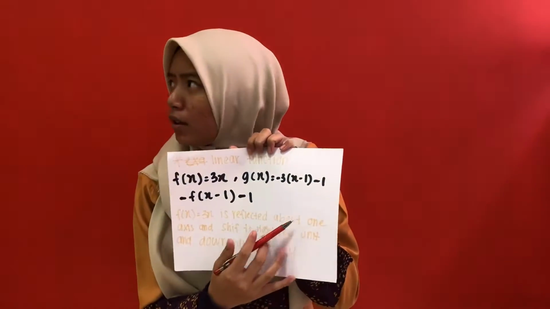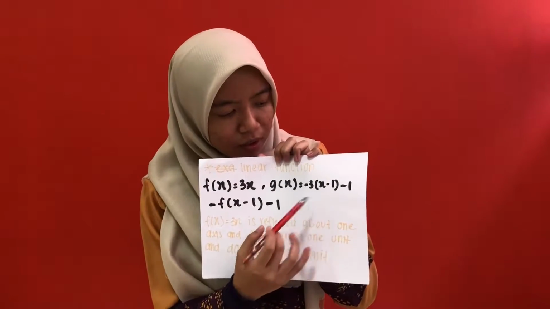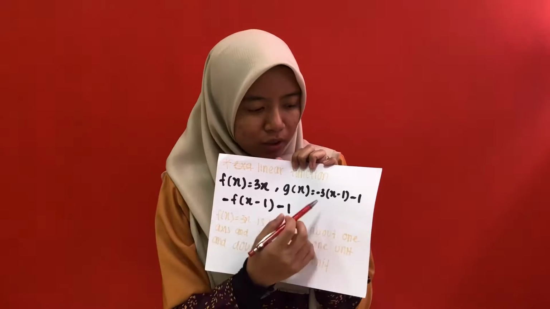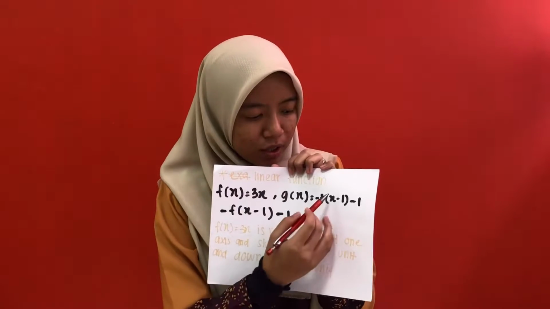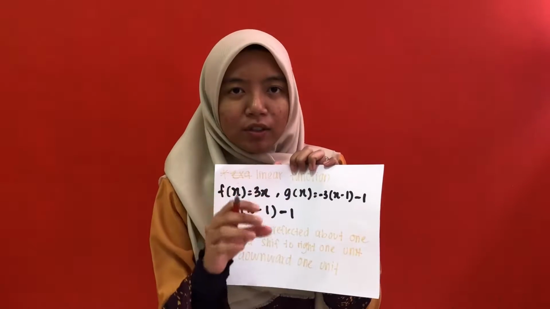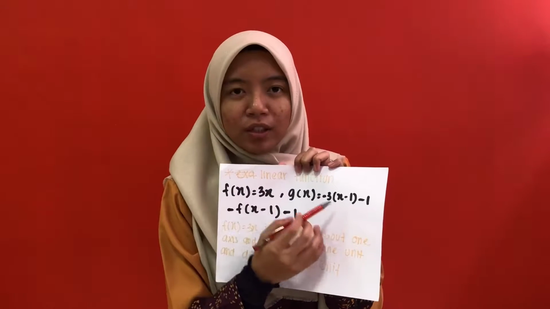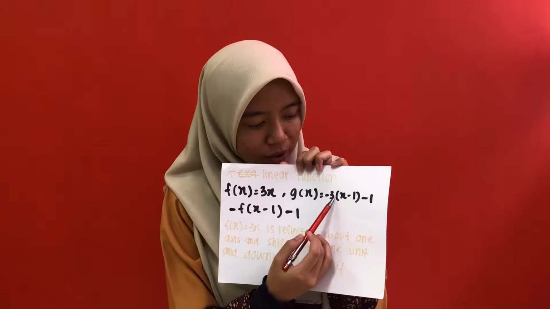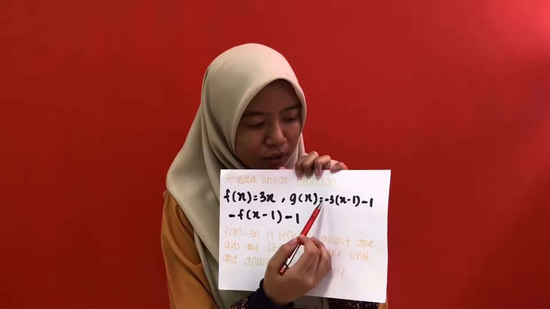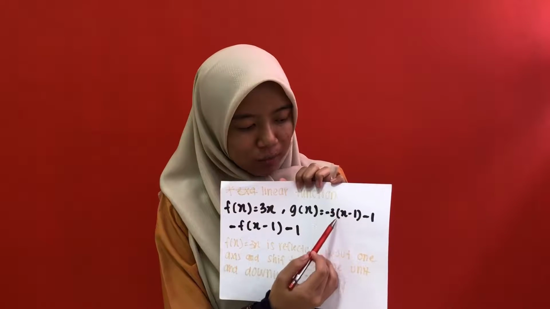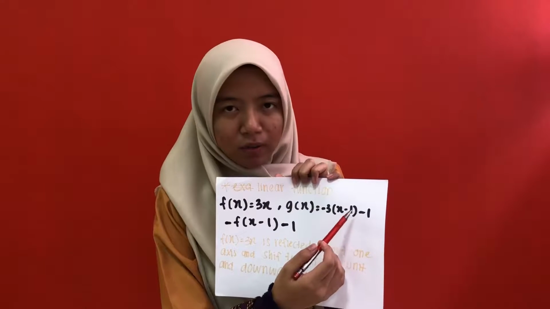As you can see, the function is already factorized. First, you need to factorize. You must make sure the coefficient of x is 1. So, you factorize as usual. You will get negative 3 bracket x minus 1, negative 1.